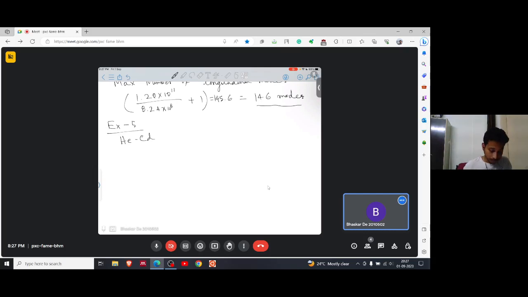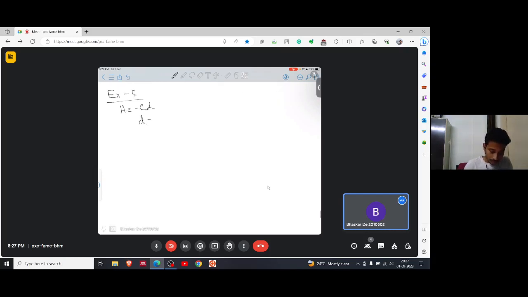Okay, so the mirrors are separated by 0.4 meter. R1 is 0.96, R2 is 0.999, lambda is 441.6 nanometer.